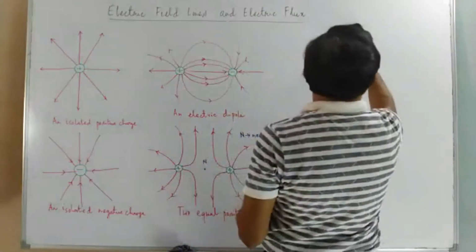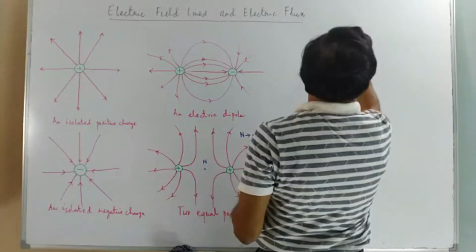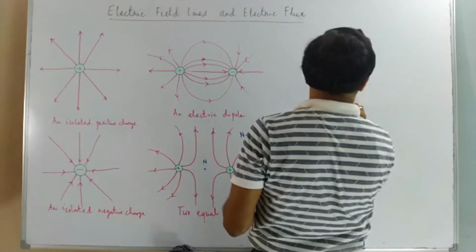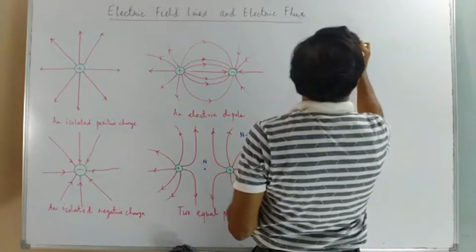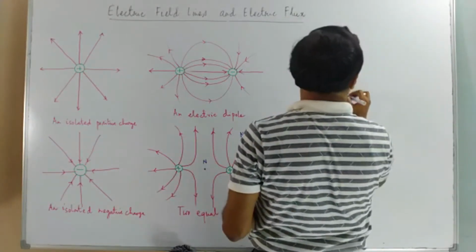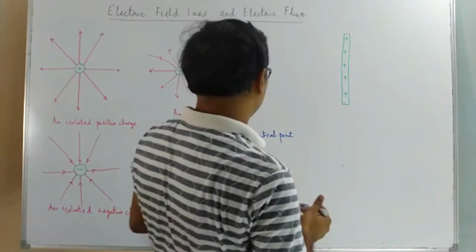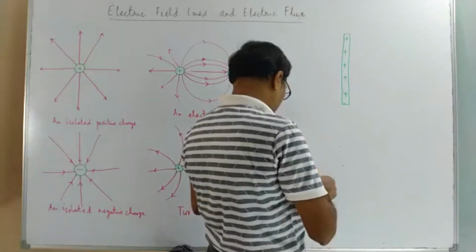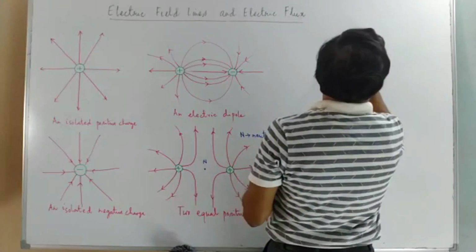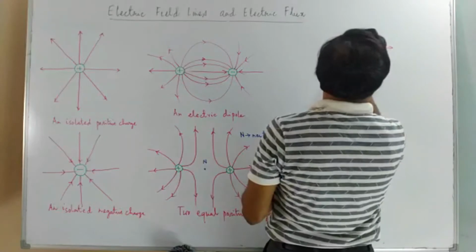We may also consider a long line of positive charges, or you may also consider an infinitely extended plane conductor. In both cases, the lines of force will look like this.